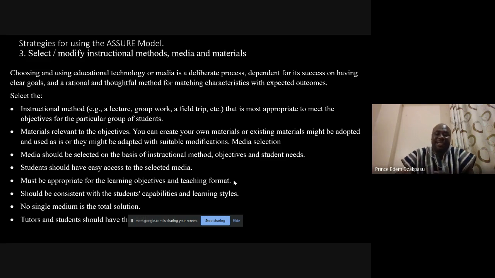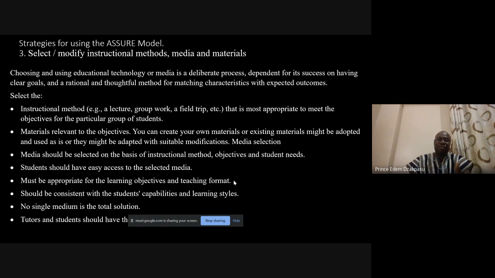And this aspect, or the media that we may want to choose, depends on us having clear goals. As a teacher, you must set clear goals as to what you want to achieve. You must have a rationale or a thoughtful method for matching characteristics with expected outcomes.